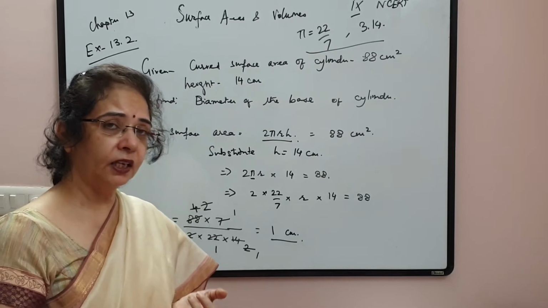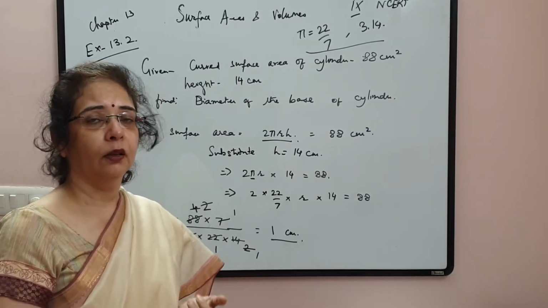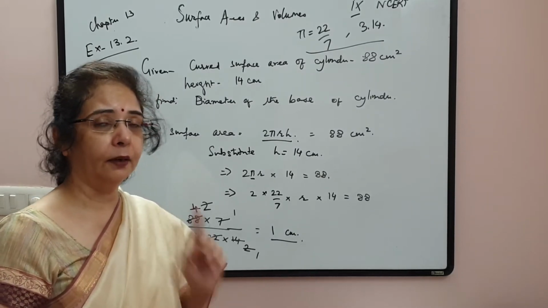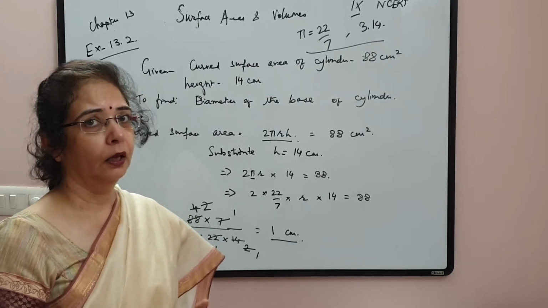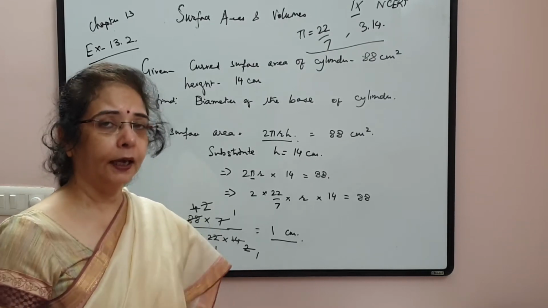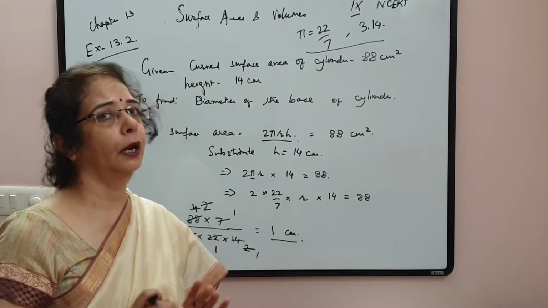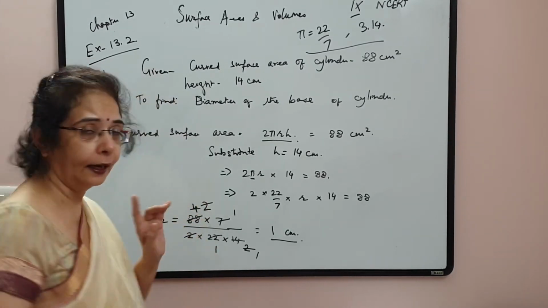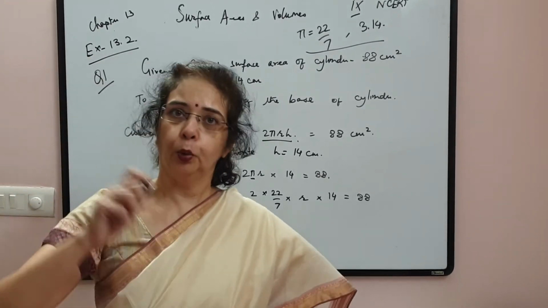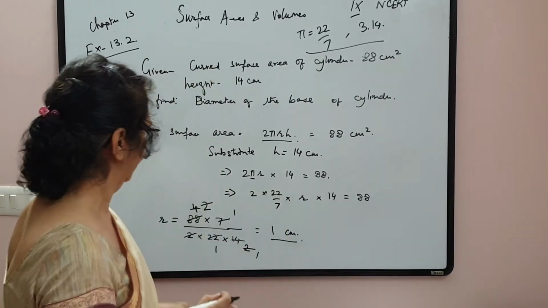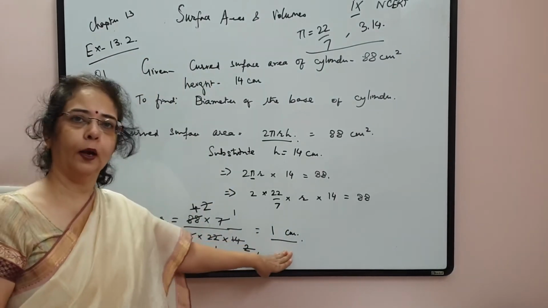So time wastage, chances of errors. These two are setbacks when you're sitting for an exam. That is why I keep insisting, try to make calculations as simple as you can, children. Okay? And the best trick for that is doing cancellations. So what have you got? R is equal to 1 centimeter.